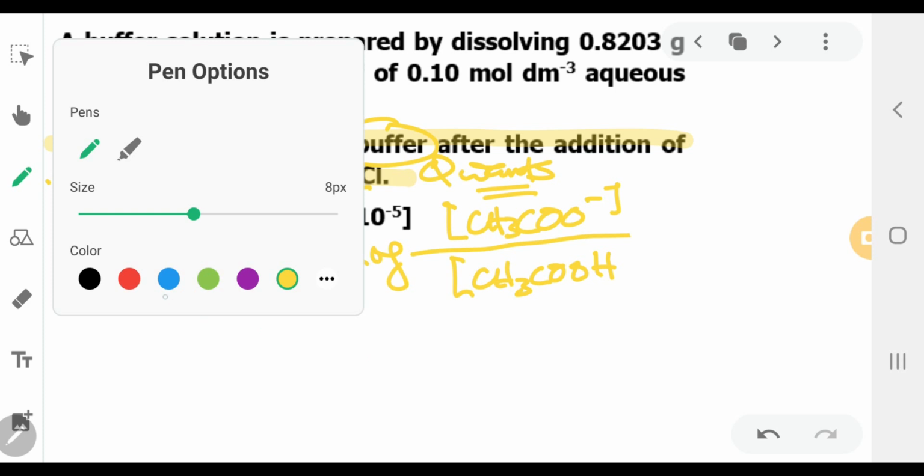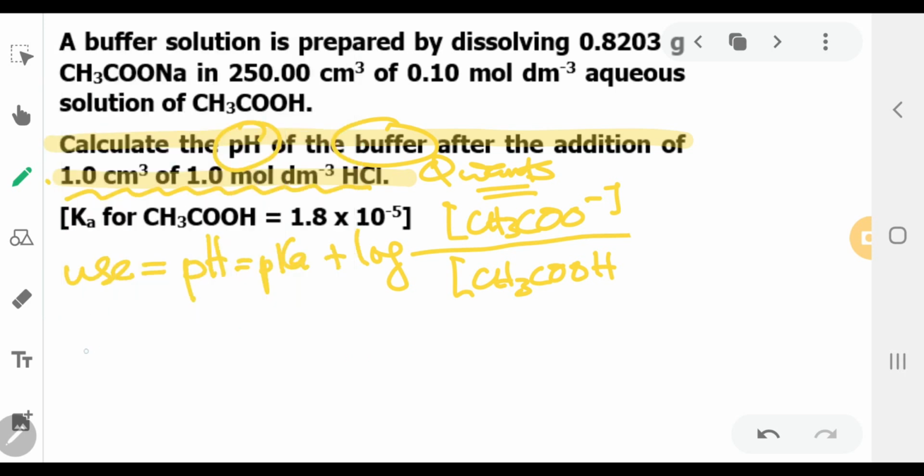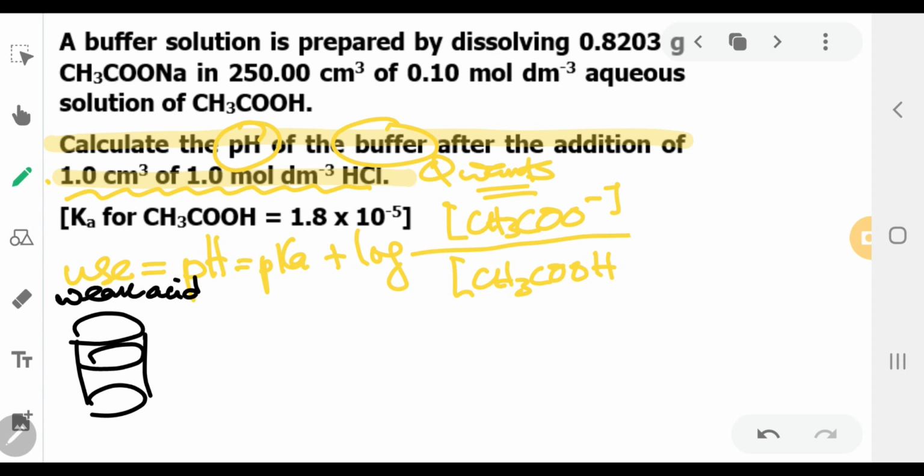So imagine this is your weak acid. The weak acid is how much?